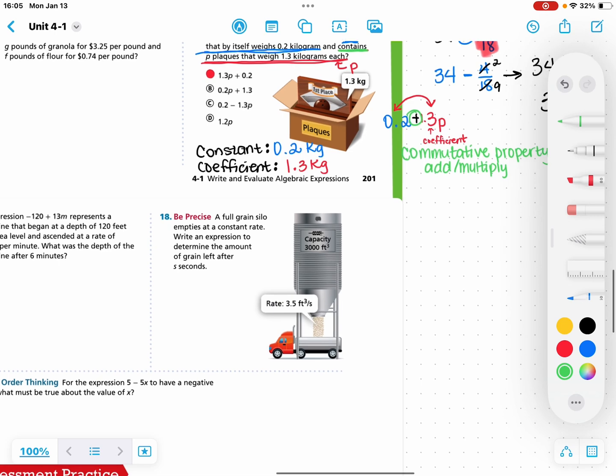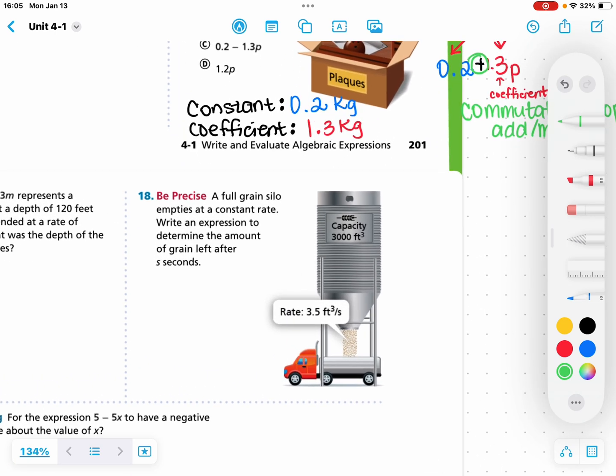Which brings us to number 18. A full grain silo empties at a constant rate. Write an expression to determine the amount of grain left after S seconds. So with this, we're told a couple of things. Full capacity, this entire silo holds 3,000 feet cubed.